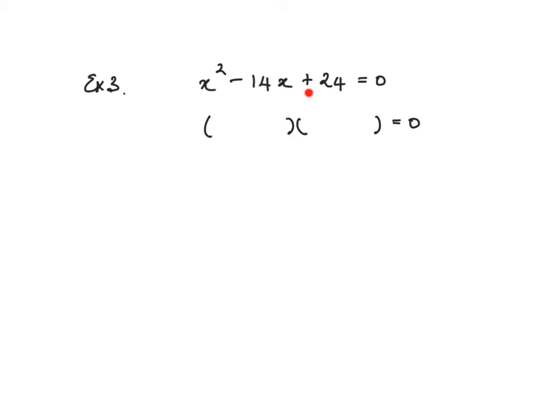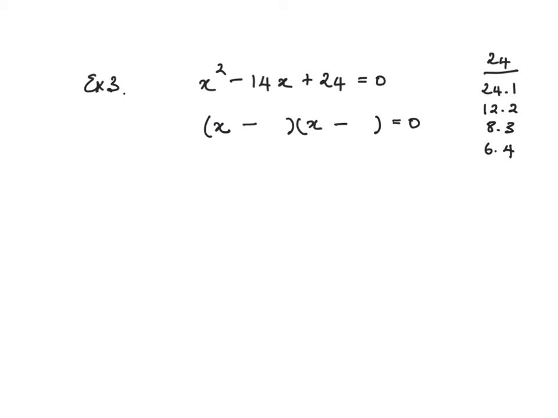A positive sign in this position means that the signs in the brackets are the same and they're both negative, so that helps us. And we know that x times x will give us our first term, x squared. Now, what about the factors of 24? 24 times 1, 12 times 2, 8 times 3, and 6 times 4.